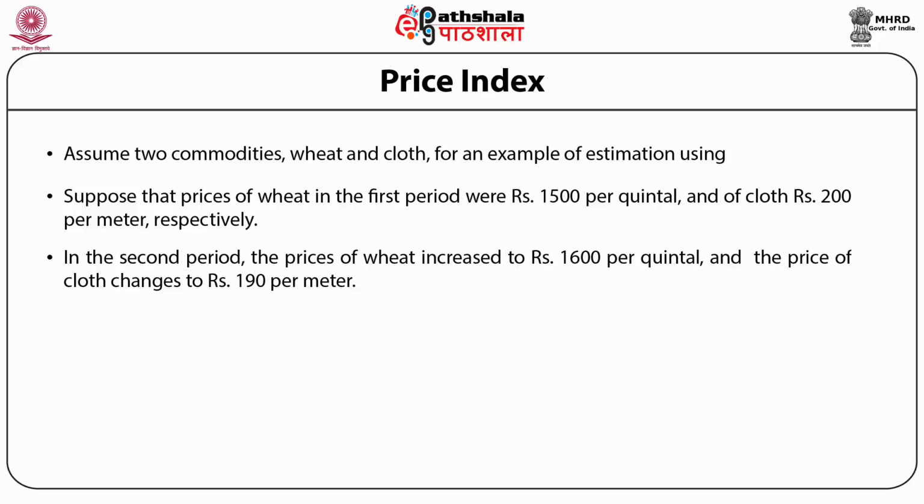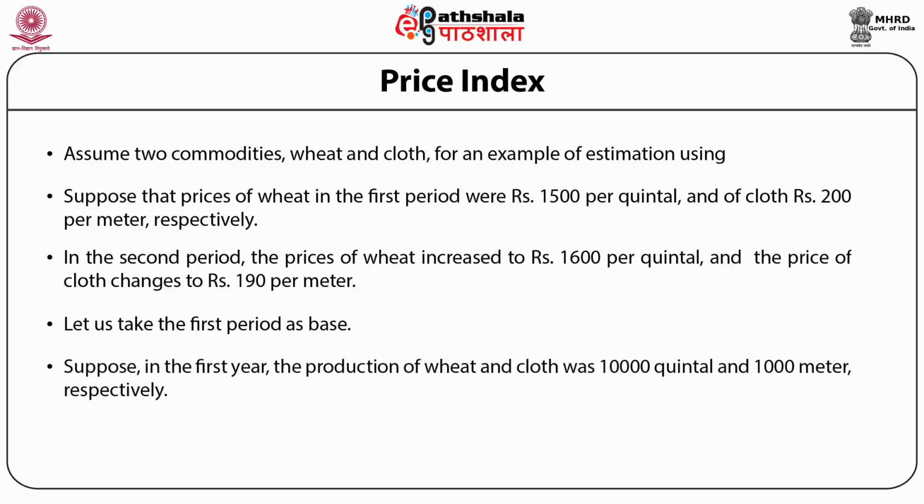Now we need to take one of these periods as the base. Let us take the first period as a base. Suppose in the first year the production of wheat and cloth was 10,000 quintal and 100 meter respectively. The value of price index is always 100 for the base period.